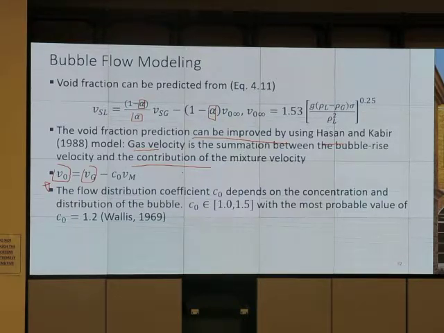You remember VTB equals 1.2 Vm plus V drift or something. So instead of VTB we have Vg for this case. The flow distribution coefficient C0 is 1.2. It's between 1 and 1.5, with 1.2 the most probable value.